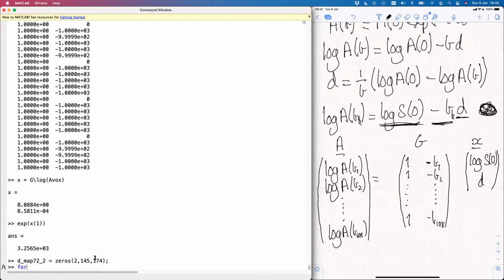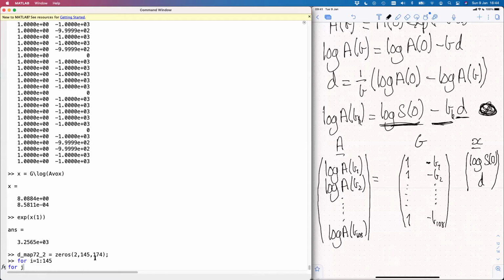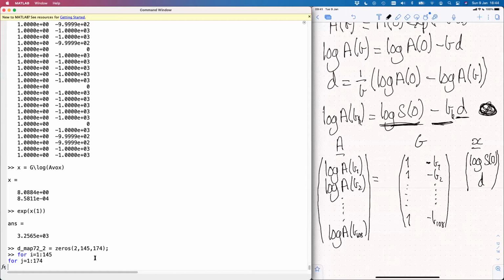Okay, so then looping over the image, I is 1 to 145, J 1 to 174. Let's get at this particular pixel, we'll get the measurements out of the big DWIs array. We're just focusing on slice 72, of course.